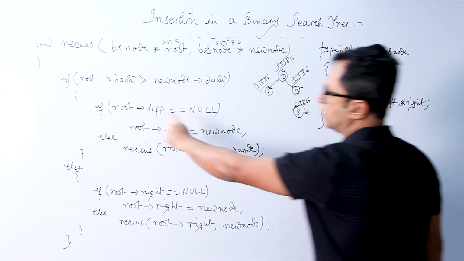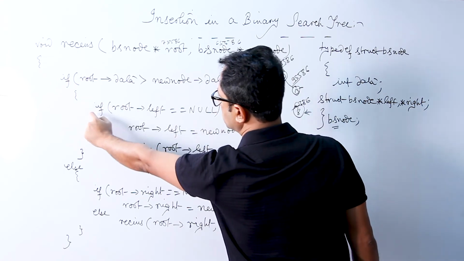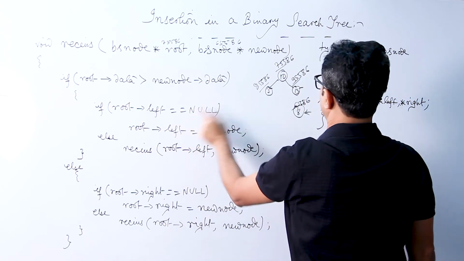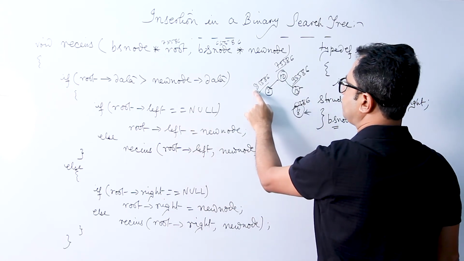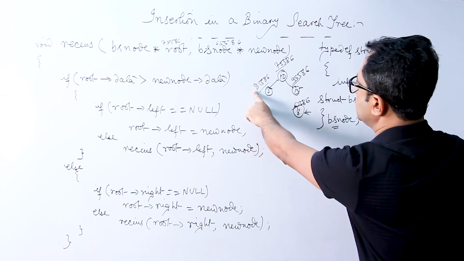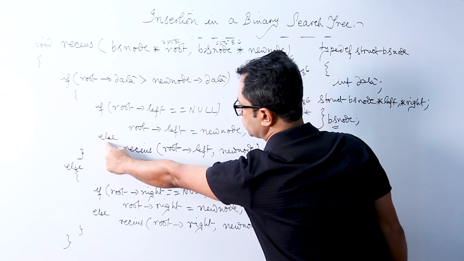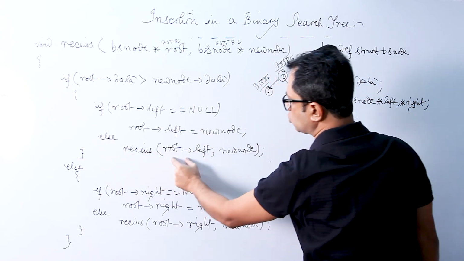So we will come inside this if block, that is, if root left equals null. See, root left is 85586, it is not null. So this portion will not be executed. We come to this else portion, and see what I have written over here: recins root left, new node.